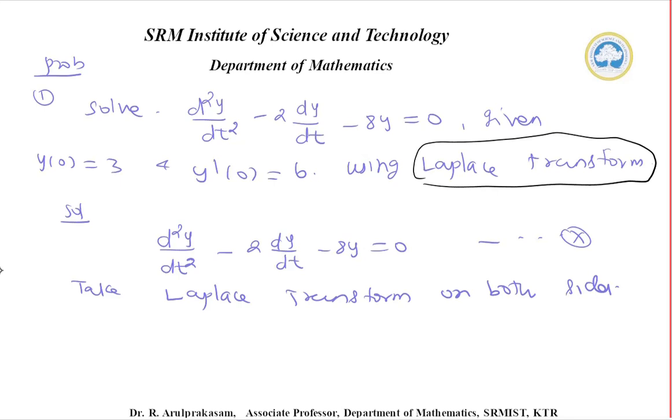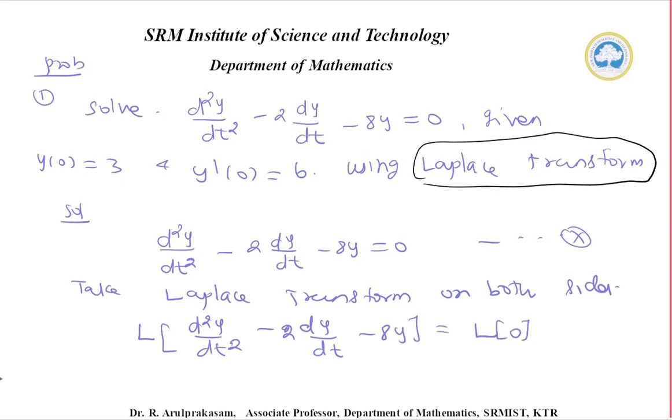Taking the Laplace transform: L of d square y divided by dt square minus 2 times dy divided by dt minus 8 times y equal to L of 0.